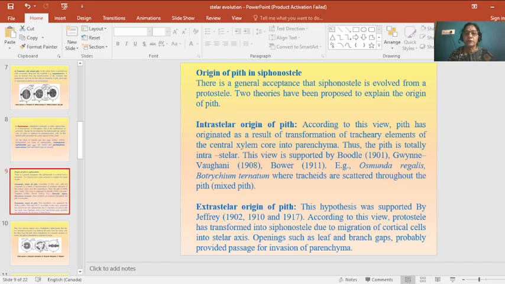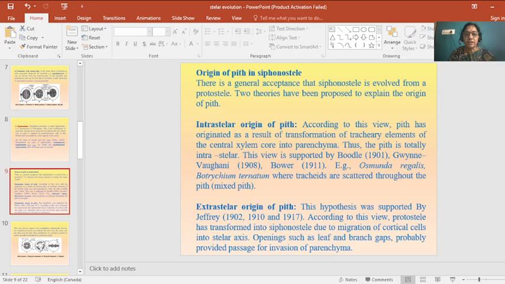According to this view, pith has originated as a result of transformation of tracheal elements of the central xylem core into parenchyma. This view was supported by Boodle in 1901, Gwynne-Vaughan in 1908, and Bower in 1911, and is found in Osmunda regalis and Botrychium ternatum, where tracheids are scattered throughout the pith.